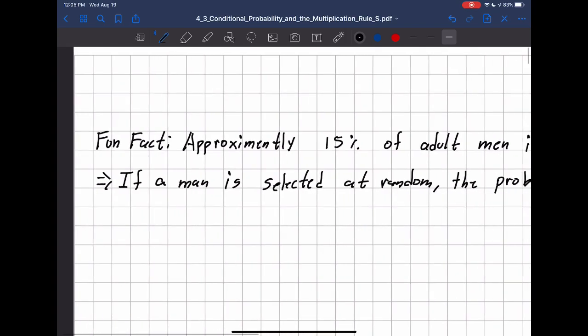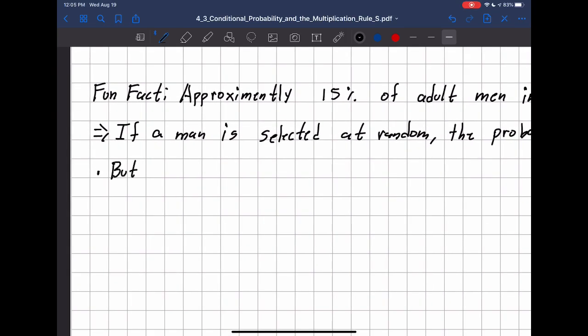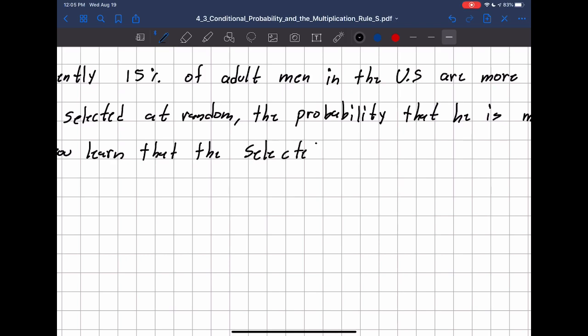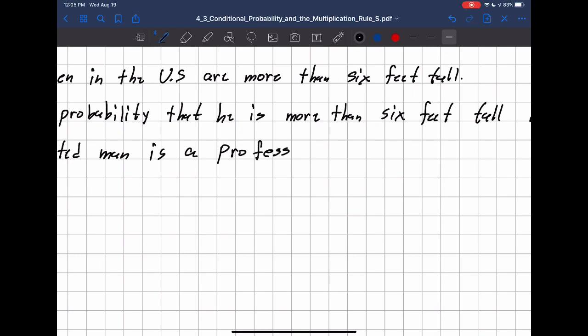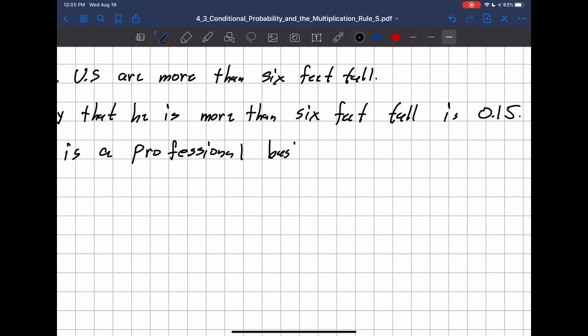But what if you knew something about this person? What if you learned that this person that was selected is a professional basketball player? Typically, professional basketball players are way taller than 6 feet.